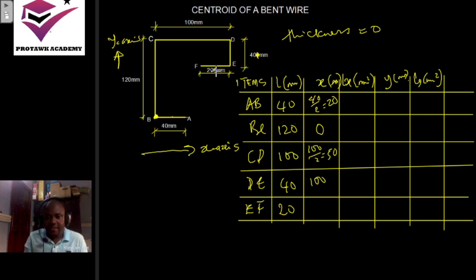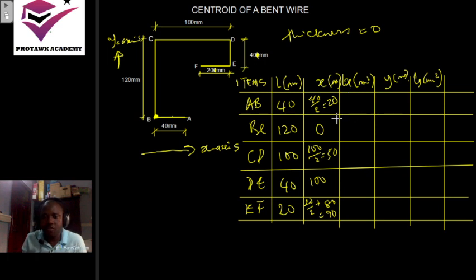Its centroidal distance will be half of 20 plus 100 minus 20. 100 minus 20 is 80. So 20 divided by 2 is 10, plus 80, which is equal to 90.